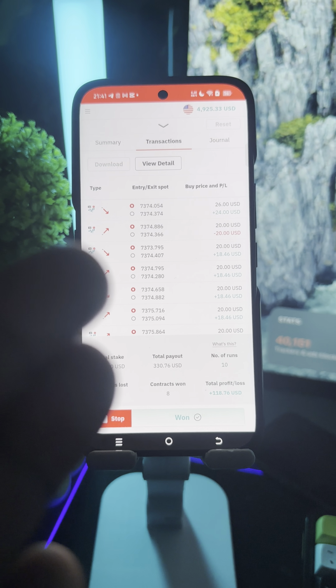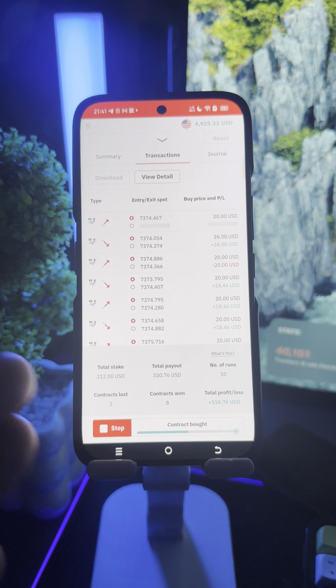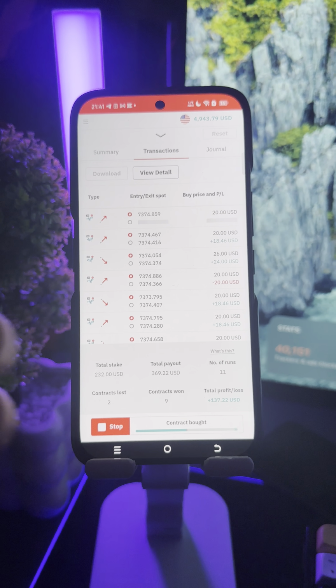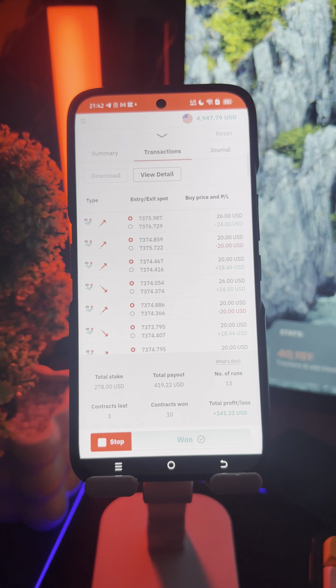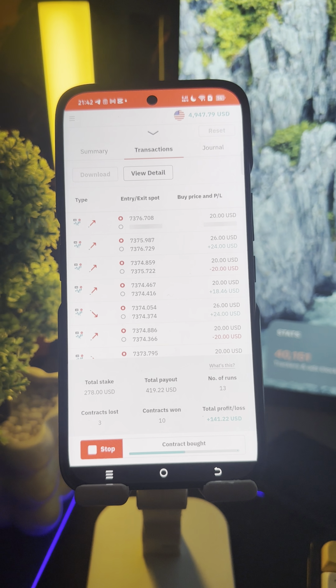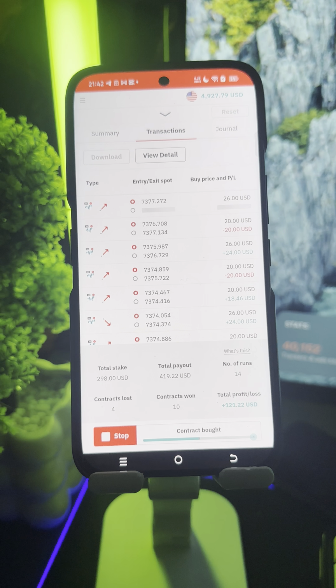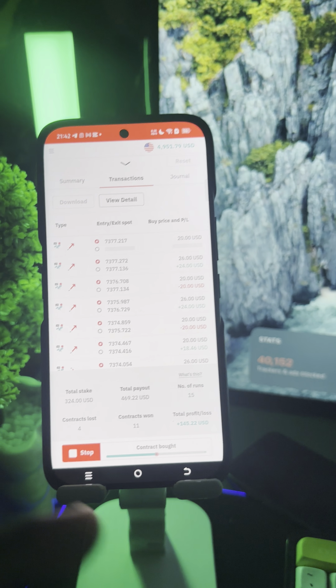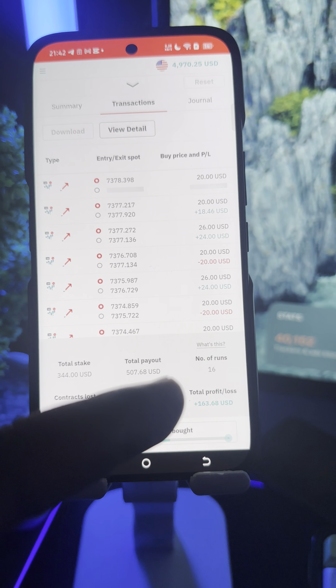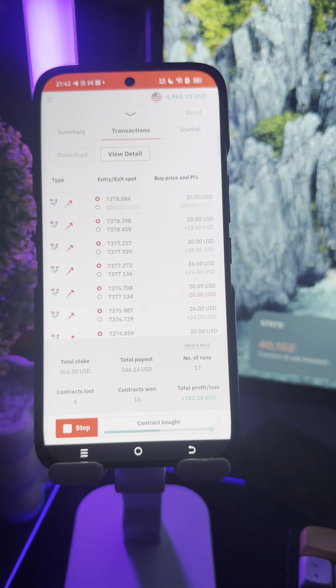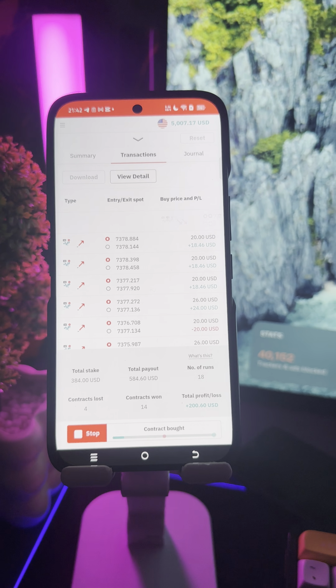So made one loss there, so we are at a total loss of 2. Let's see. Oh, is it because today is on a Sunday? That's why I'm experiencing so many losses, because this is my 4th loss, but I'm still in profit. Let's just hope we don't get many losses.